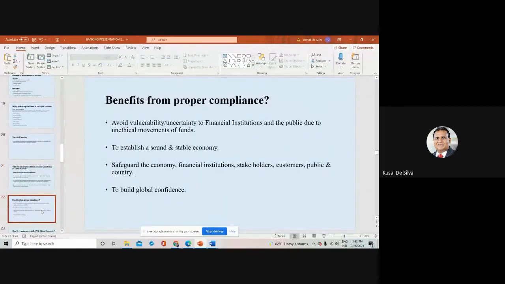Benefit from proper compliance: avoid vulnerability and uncertainty to financial institutions and the public due to unethical movements of funds. That is, when you have proper systems and proper compliance in place, then you can avoid any uncertainties and vulnerabilities.